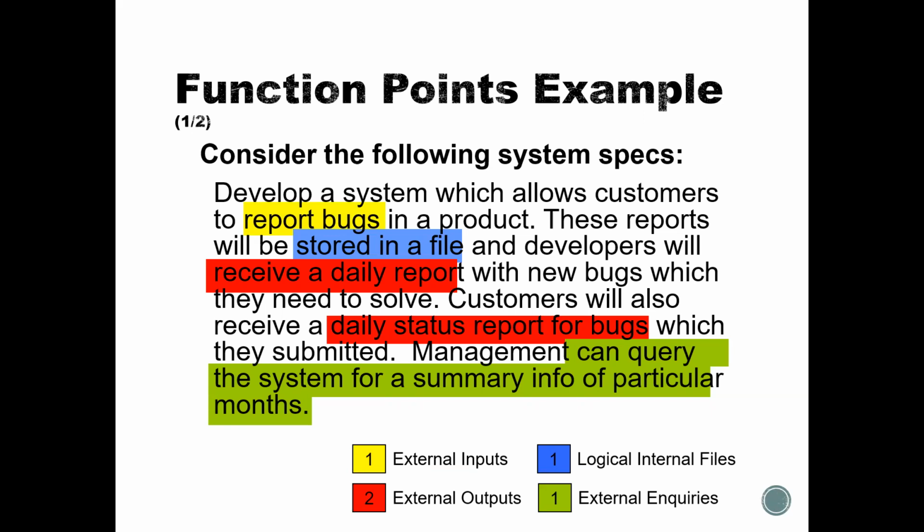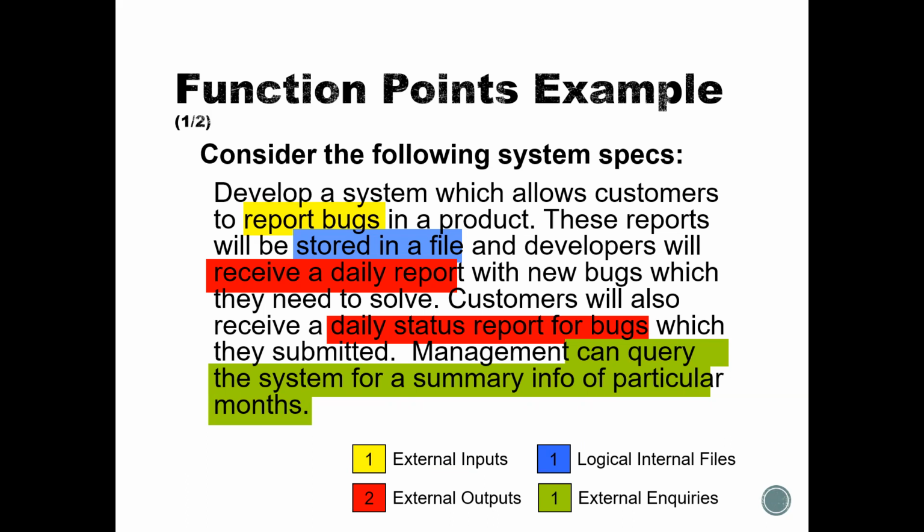And developers will receive a daily report. So your system is going to generate certain output. The first output is a daily report with new bugs, which they need to solve. So one external output is that they are going to receive a daily report for bugs for the product that they have developed.